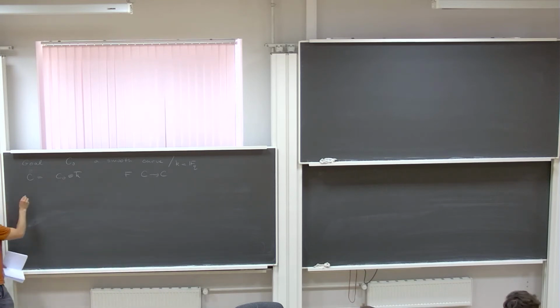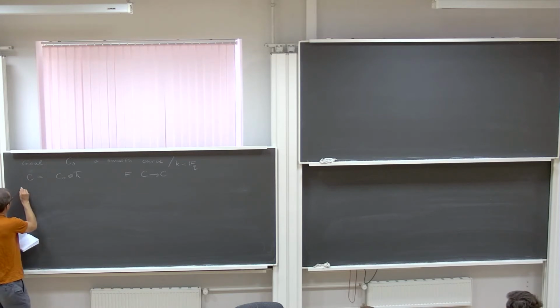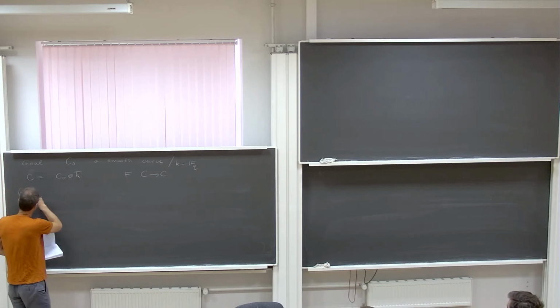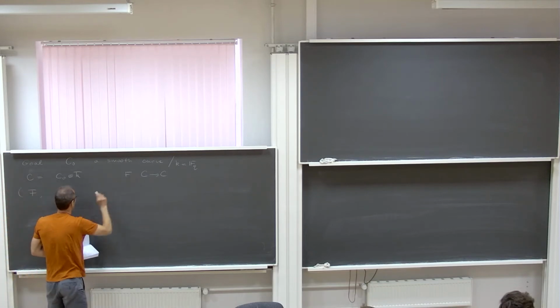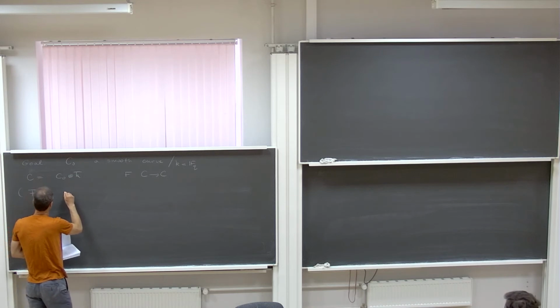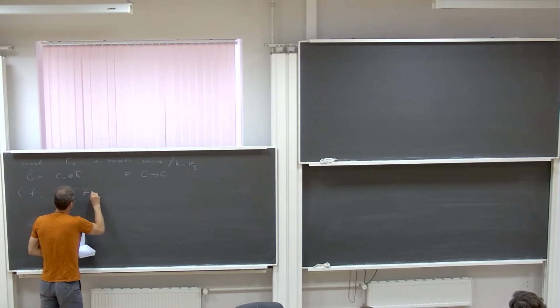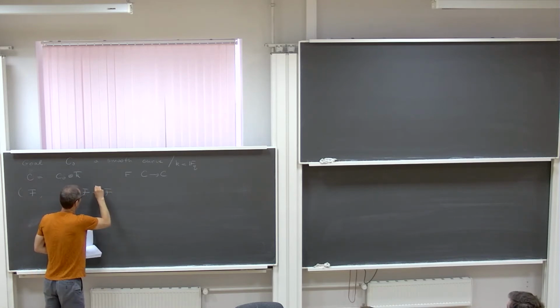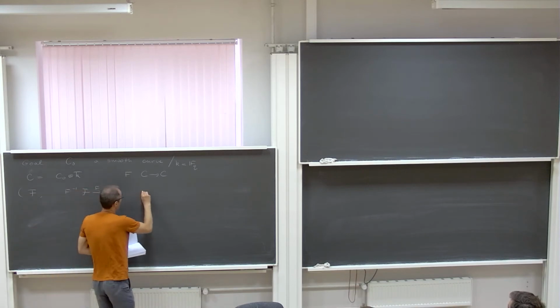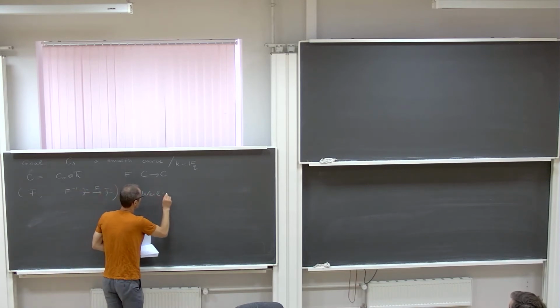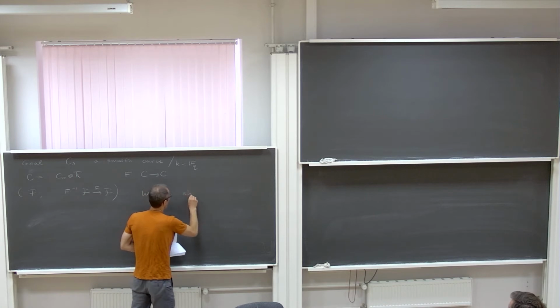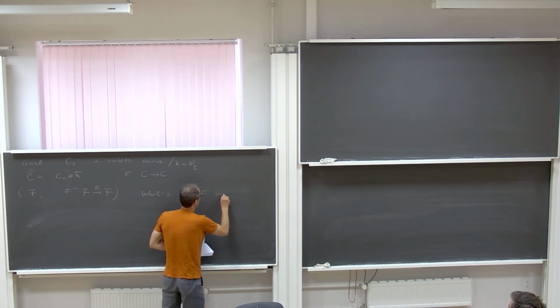And suppose we have a Weil sheaf, a QL Weil sheaf, which is just a QL sheaf on C, together with a map from its Frobenius pullback to F. We call it also F. So Weil sheaf, sheaf on C.